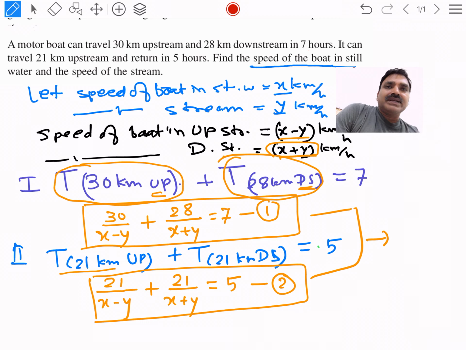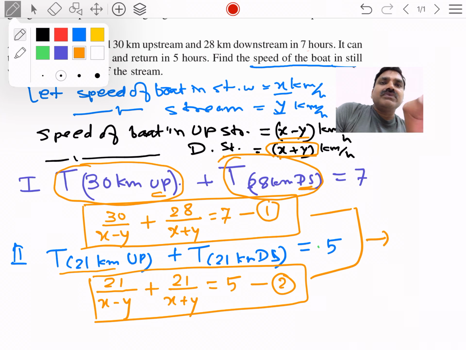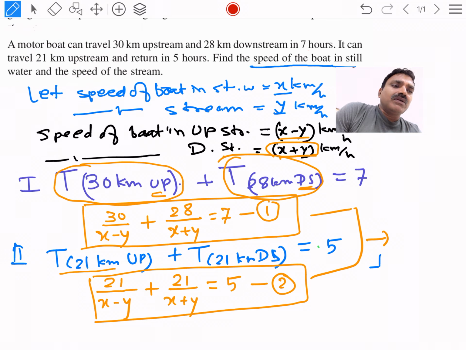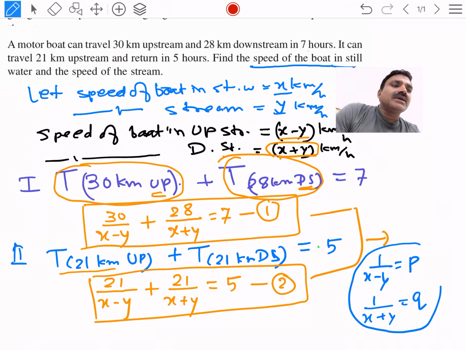After that we will put 1 upon x minus y equal to p, and 1 upon x plus y equal to q, and then solve and find x and y. So we can solve the equations after it, but the forming of equations is very important. In this way we can find the equations, and it is very important.